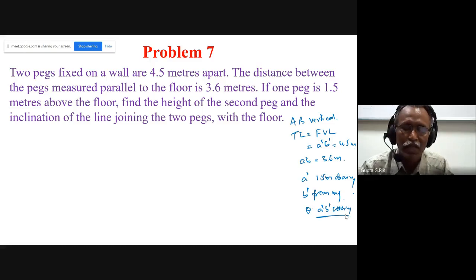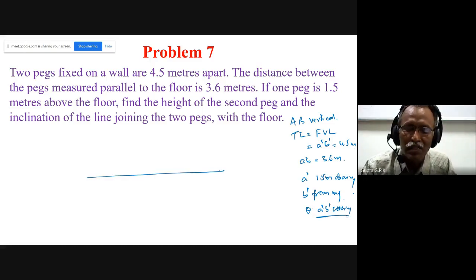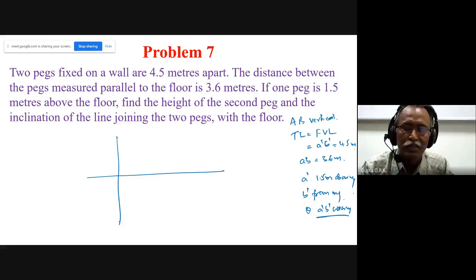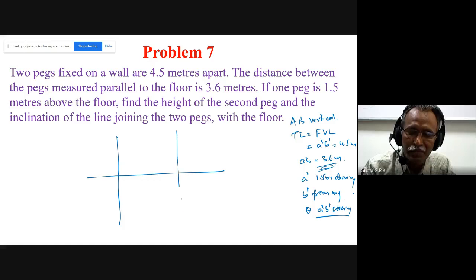Now I draw this line, and the line of A dash, and where will be the line of B and B dash, because the distance between projectors is 3.6 meters, right? So here A will come, here B will come. This is 3.6 meters.